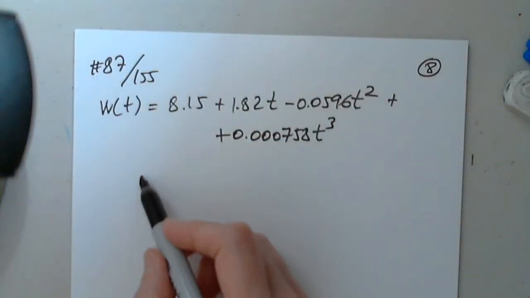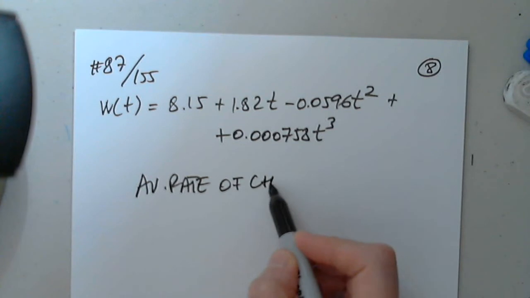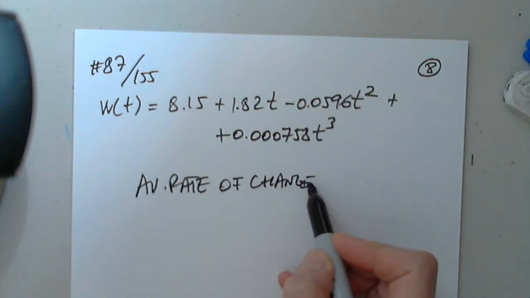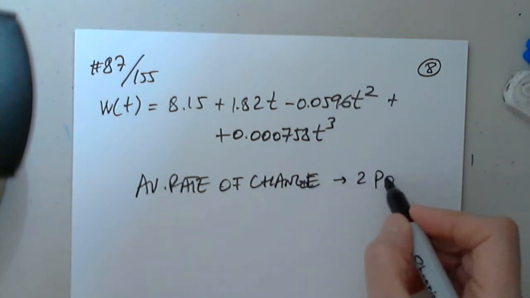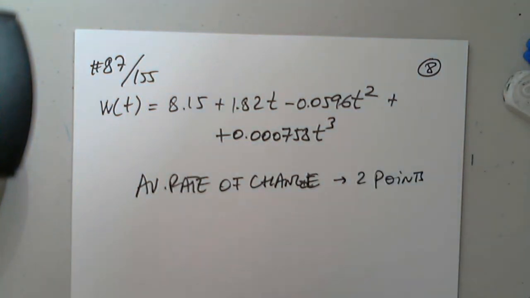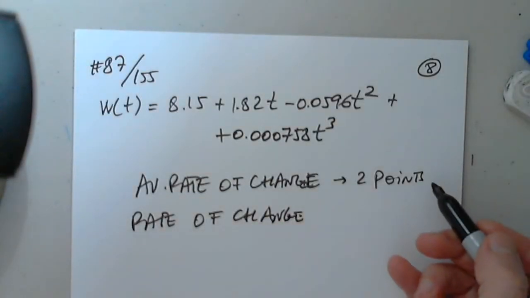Here, the average rate of change has to give us 2 points. The rate of change, and we determine the slope.